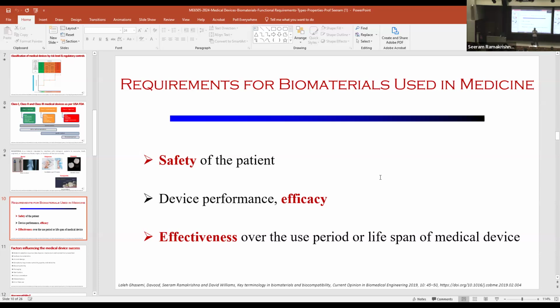They go and deposit somewhere else, in what we call synovial joints, and then they accumulate and create a problem there. That problem comes much later. Then suddenly you discover that the device is not working properly. That's what we call effectiveness of the device. Normally after a period of time, we would know if it is really effective. So these are three important criteria with respect to medical devices.